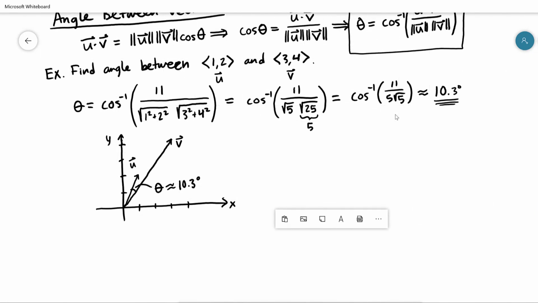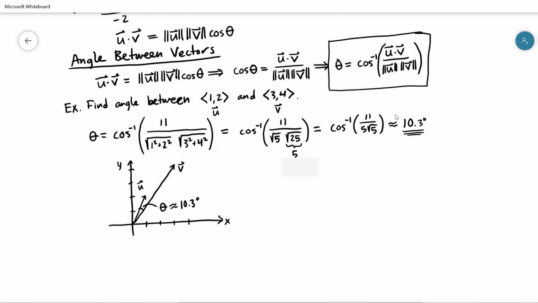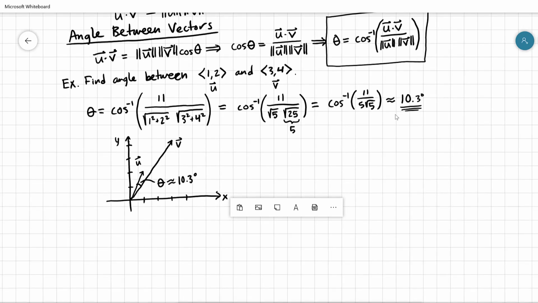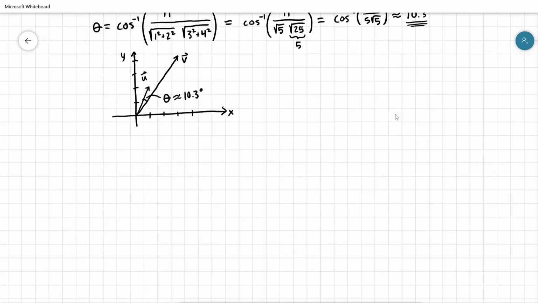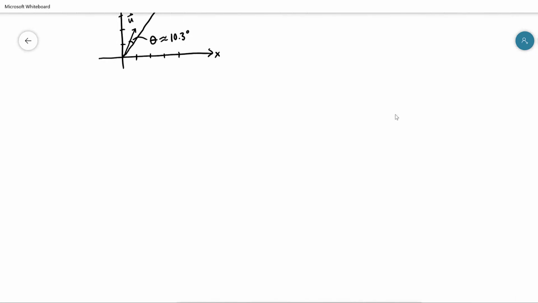So back to the discussion of how this all fits together, why we care about this. One thing that's going to be nice is we can now use this to talk about the concept of orthogonality, which is basically a generalization of the idea of two things being perpendicular. So let me talk to you about orthogonal vectors.